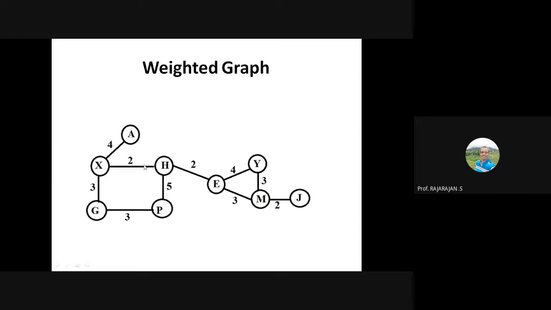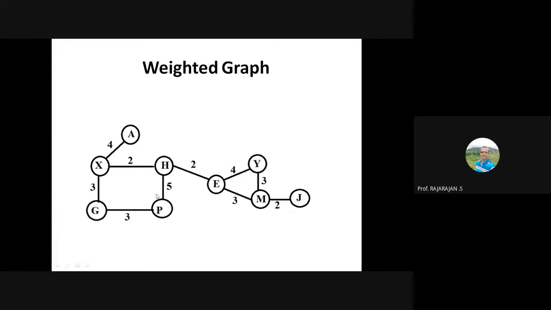Actually, this is the basis of Google Maps. I think you are all familiar with the usage of Google Maps, right? Google Maps is nothing but a graph. It's a large graph where places are interconnected and the distances between the places are also recorded. So in fact, it is a weighted graph.